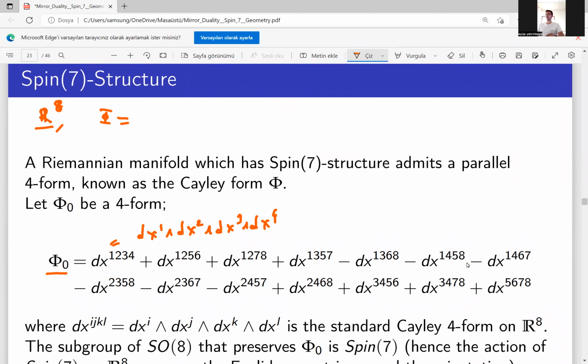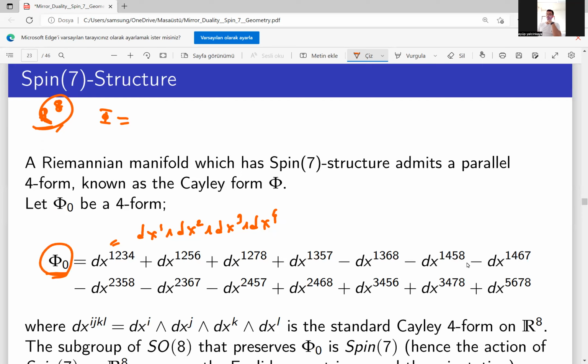The starting point is R^8, you are right, but we want to generalize from here, and R^8 is the first example of our Spin(7) geometry.